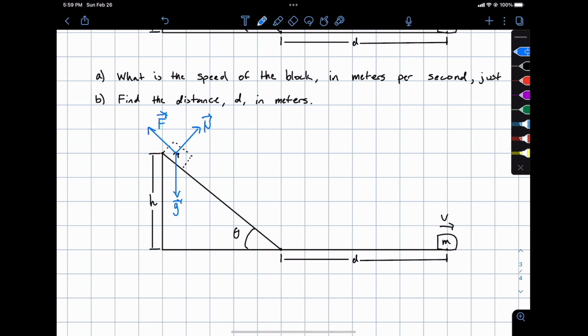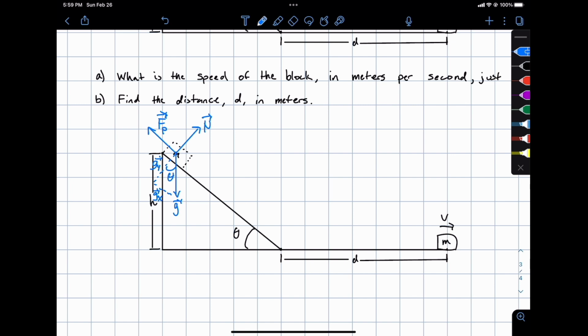It's going down the plane, there's a friction. And this is the friction for the plane. And then I like to draw little dotted lines. These dotted lines represent the gravity in the x direction, and the gravity in the y direction as well.